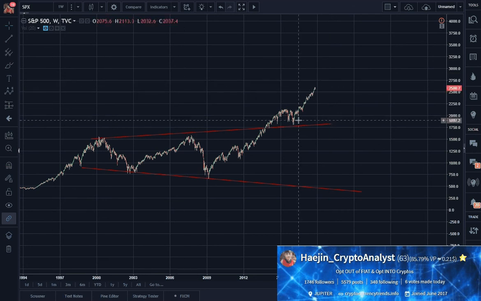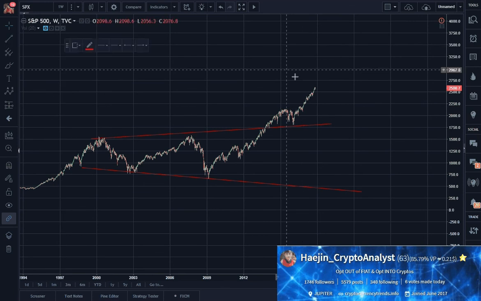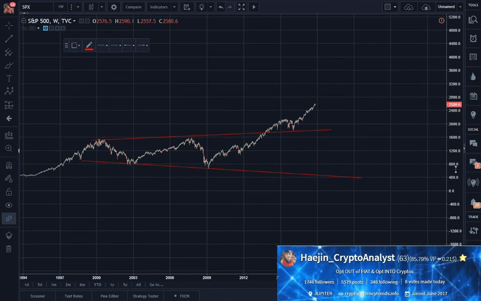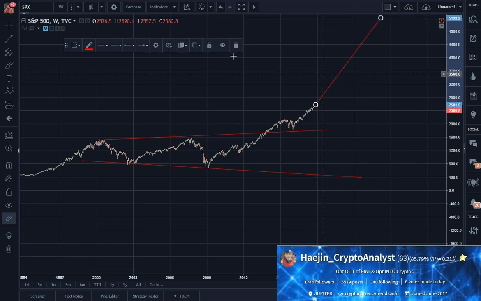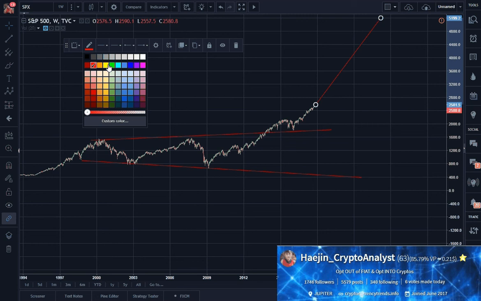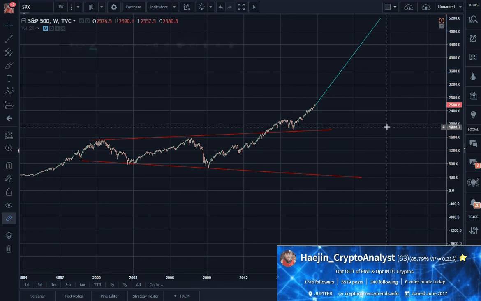And this is why I think we are in a parabolic phase of the equities as well. From here, we're going to see, never mind 2,500, but 5,200 potentially.